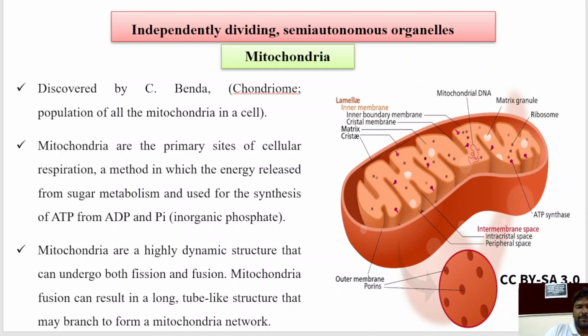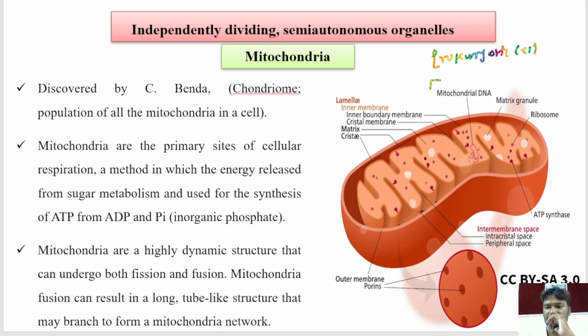Now friends, come to the independently dividing semi-autonomous organelle, that is called the mitochondria. So this is the structure of mitochondria. You know that mitochondria are derived from prokaryotic cells.